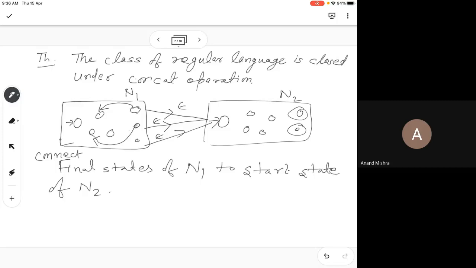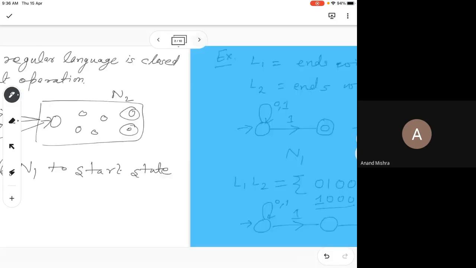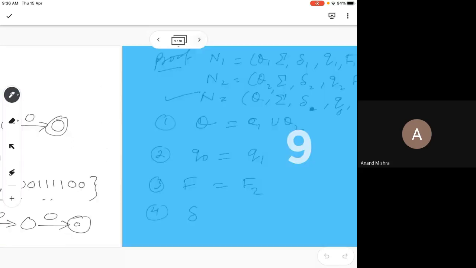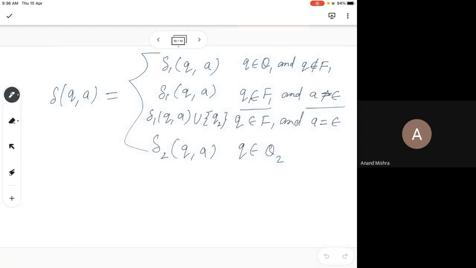Final states may have other non-null transitions, and therefore it is going to that. So when a is null, it is possible that the final state has some other transitions, and then union q2. Any question on this?